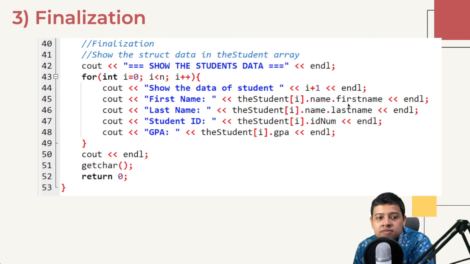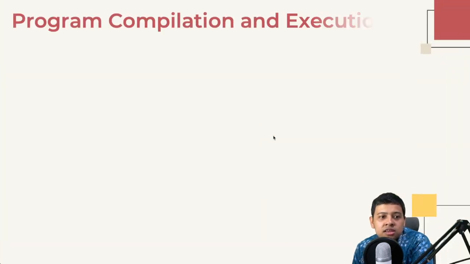Once again, if it's a struct inside of a struct, we need to use two of the field names. If not, we are not going to access anything. Name first name, name last name, and then the ID number, and finally the GPA. And I think that's the code.